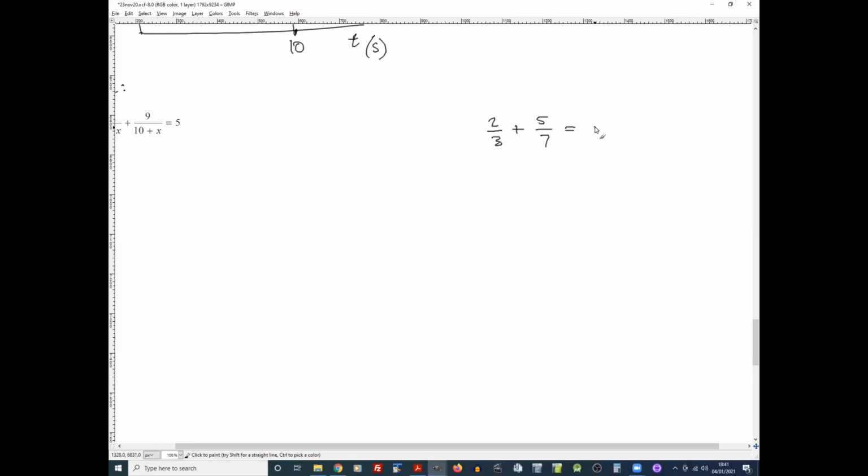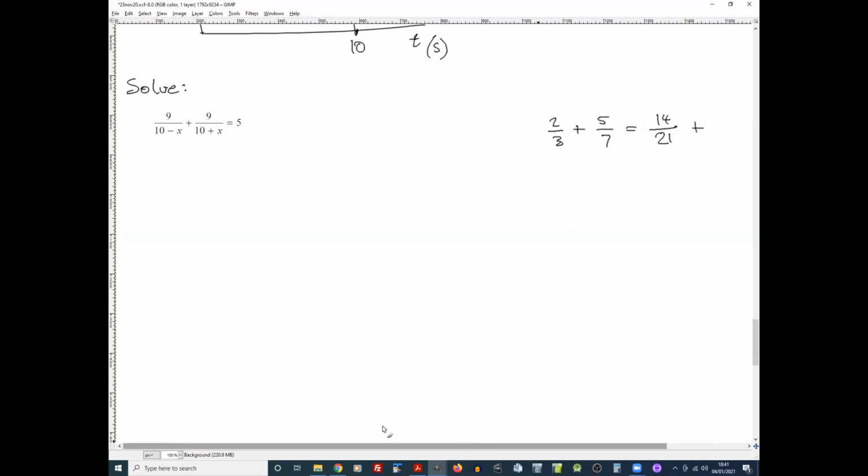You would choose a handy common denominator. 21, because it would be the product of the two denominators. So you turn 2/3 into how many 21sts? 14. That's right.